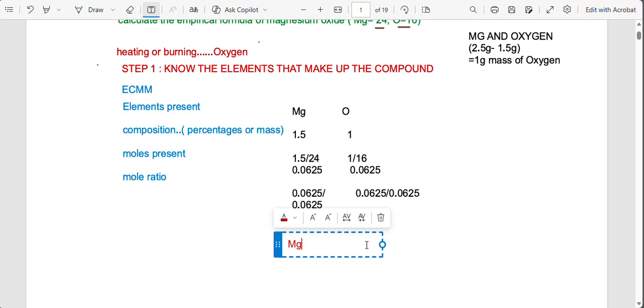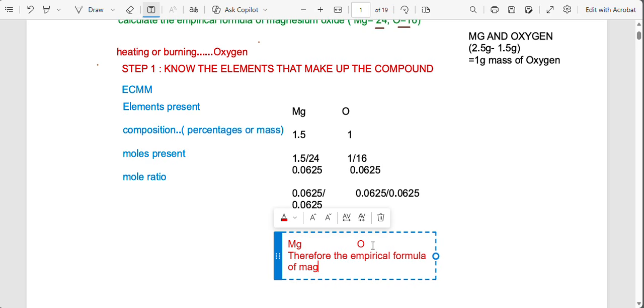So you come down here in the line of magnesium and say Mg, capital M and a small g. Then, since it is a 1, we don't symbolize the 1. We don't put a 1. If there was a 2, we would write the 2. But since it is a 1, we don't write it. Then also in the line of oxygen, it is 1. So you come and write O.